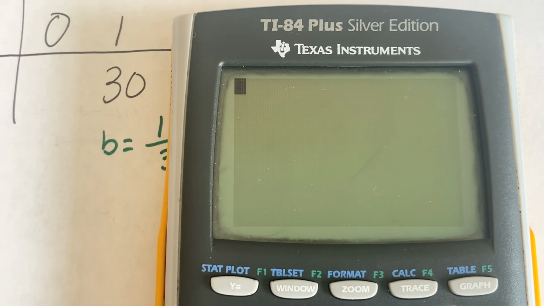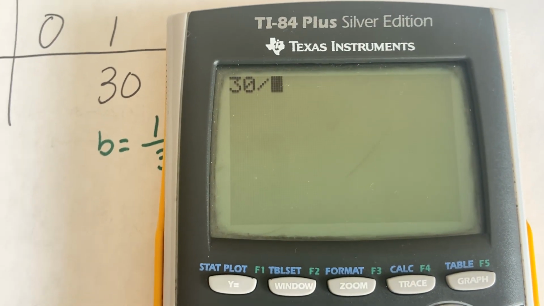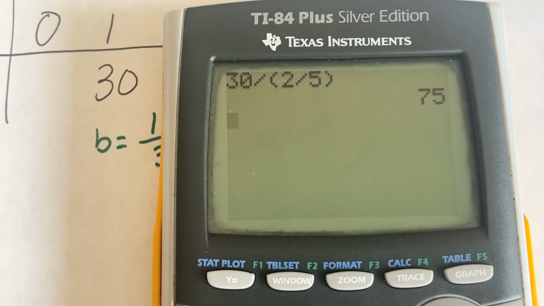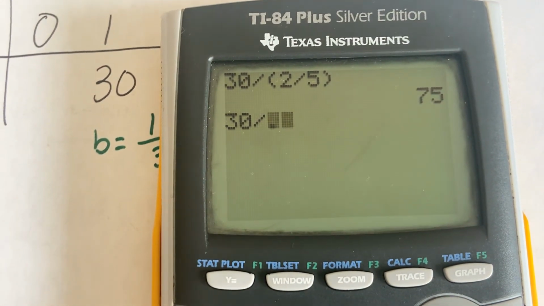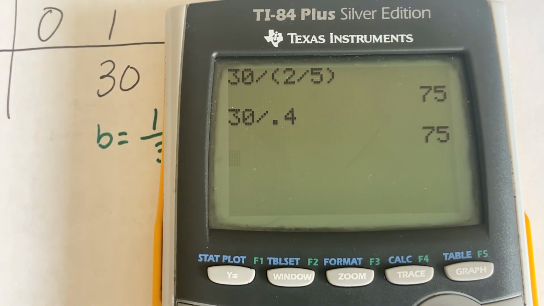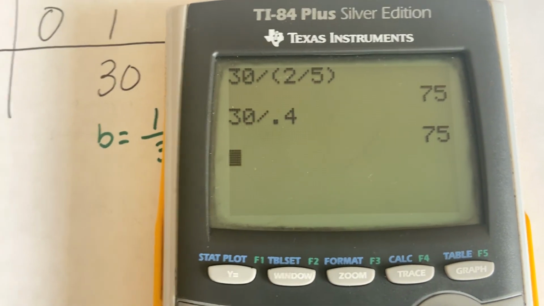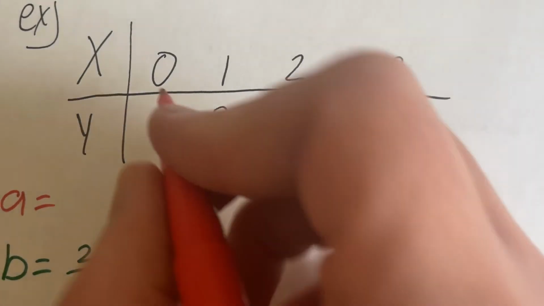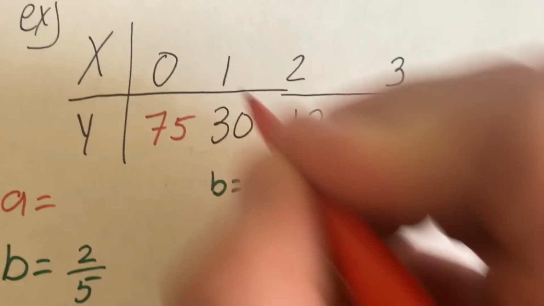So in order to come backwards, I have that 30, and I'm going to divide it by the 2/5. Or you could have divided it by the 0.4. However way you want to do it, like I said, this decimal is nice to you, so you can use the decimal. But regardless, notice how the number got bigger. So when we came back up, this turned into a 75.